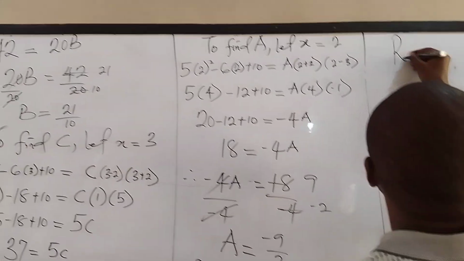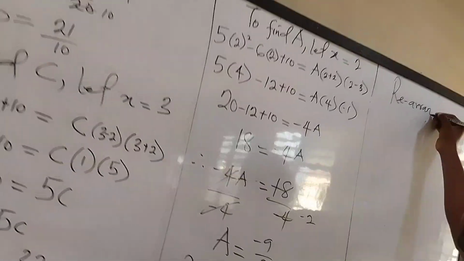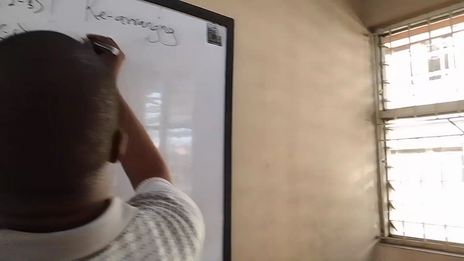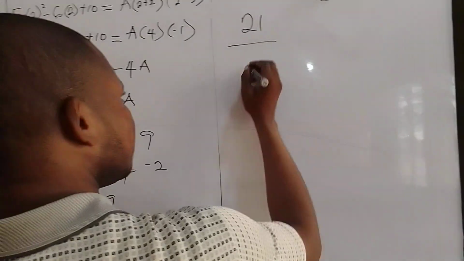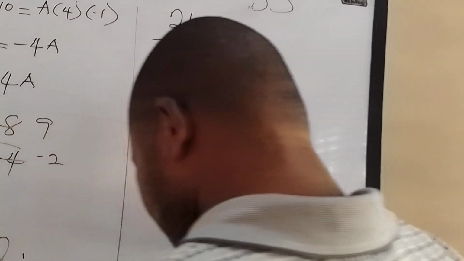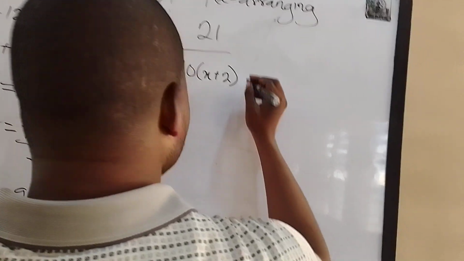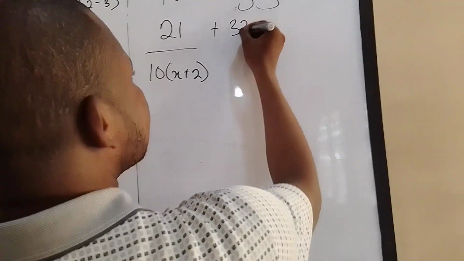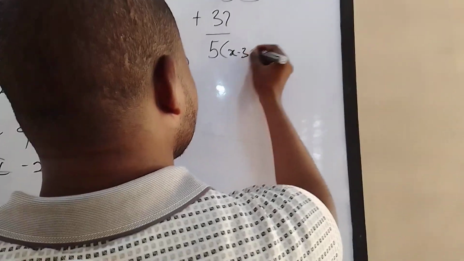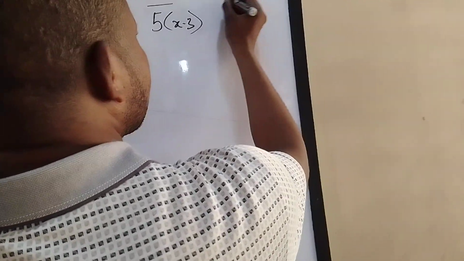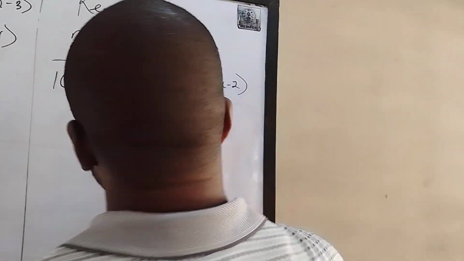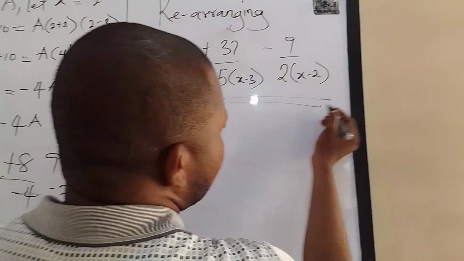Rearranging, we have 21 over 10 into x plus 2, then plus 37 over 5 into x minus 3, and finally minus 9 over 2 into x minus 2 as the answer.